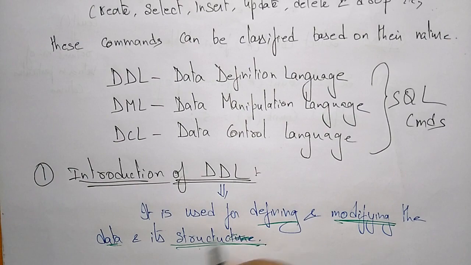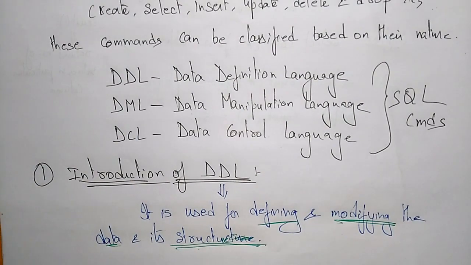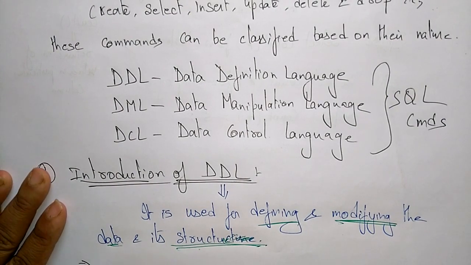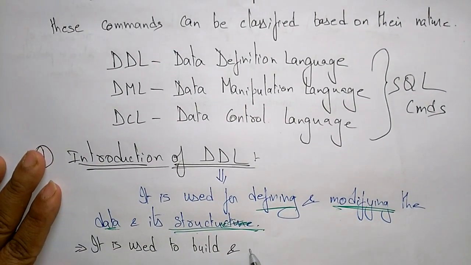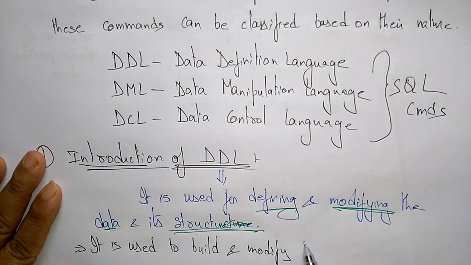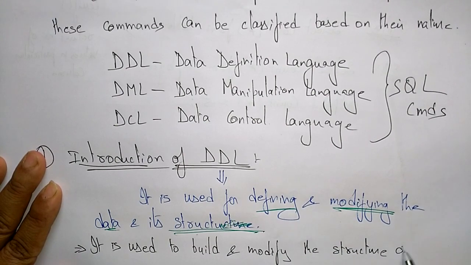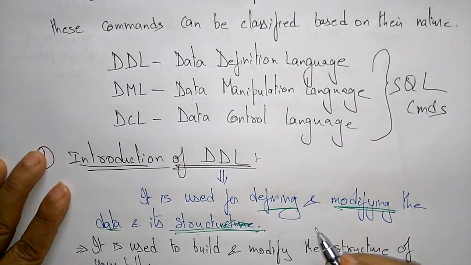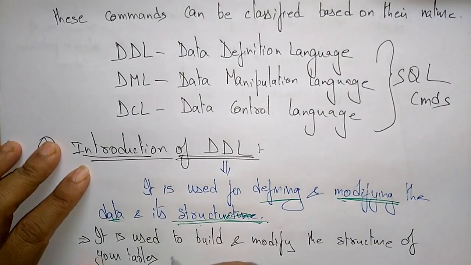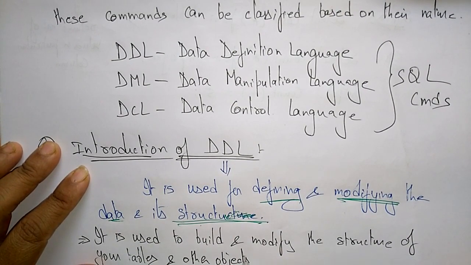Okay, structure. And it is also used to build and modify the structure of your tables, whatever tables you are creating, and other objects in the database will also be modified.